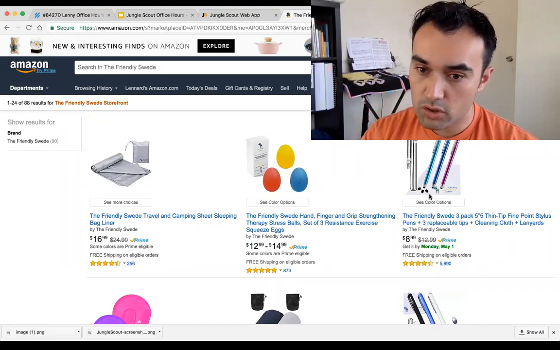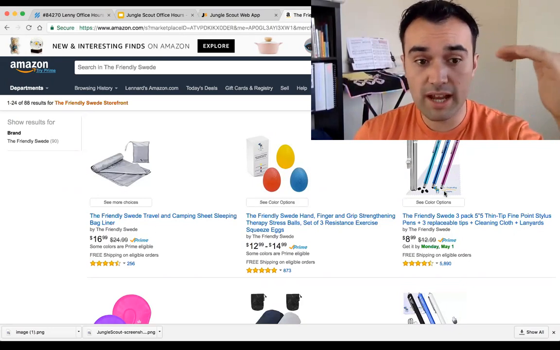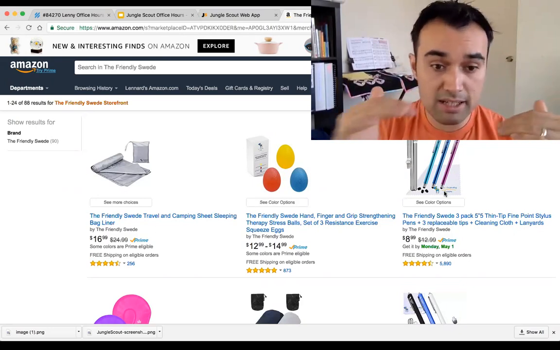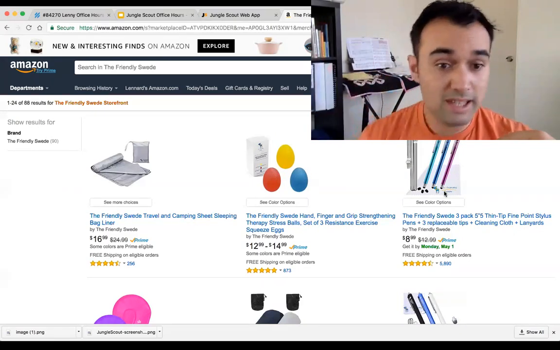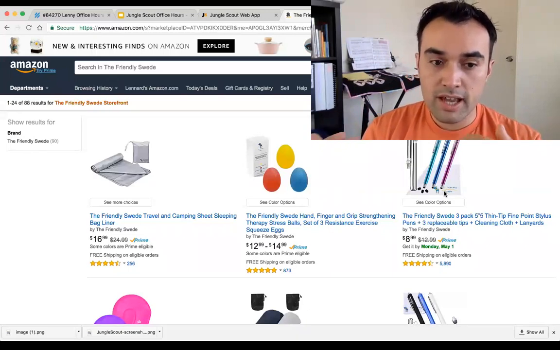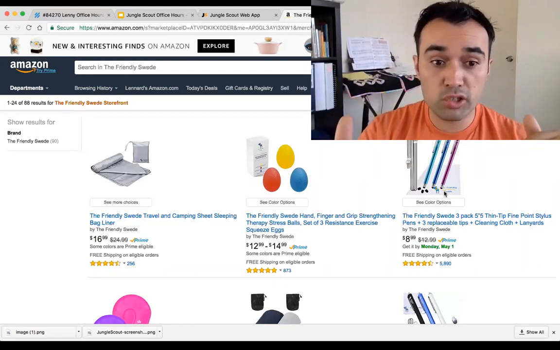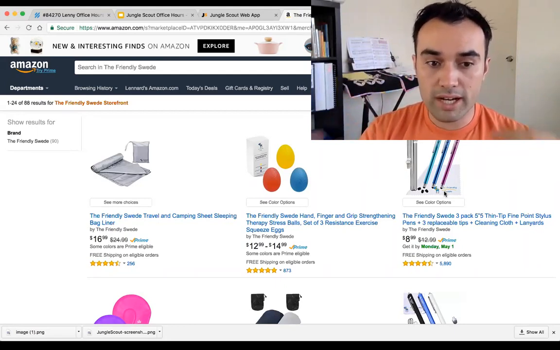If they had 600 in inventory and they were selling about 10 a day, and then suddenly it looks like they did about 600 in sales, what they might have done is restricted their maximum order quantity to 1 unit. So that would trick Jungle Scout.